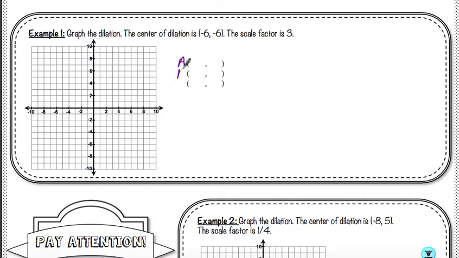Let's say that we have triangle ABC, and A is located at -5, -1, B is -3, -5, and C is -1, -2.